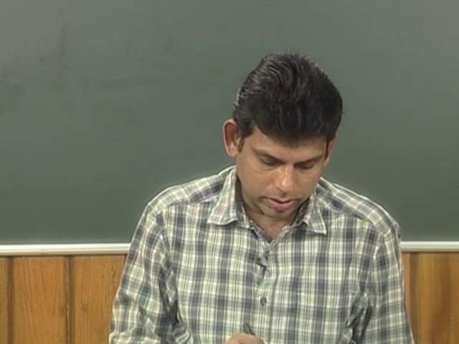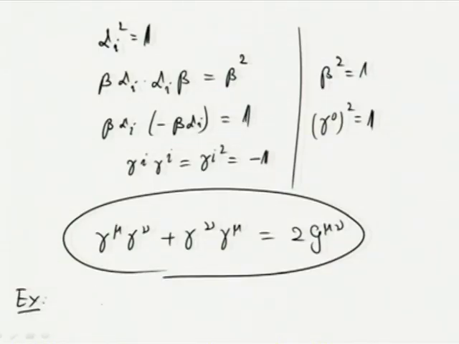There is one exercise that I would like you to do. Just show that gamma^0 dagger is equal to gamma^0, which is obvious because it is beta itself, but more importantly gamma^i dagger is equal to minus gamma^i.